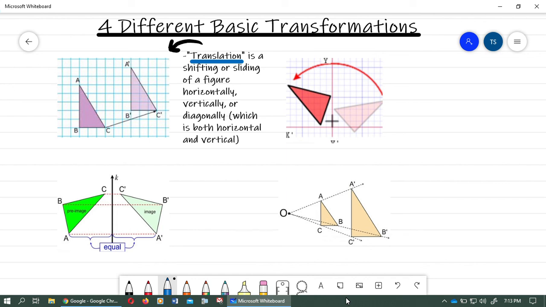We're talking about this picture with the red triangle. That's a rotation. It's a spinning or a turning about a fixed point, or around a fixed point. And guys, that spinning or turning is usually in one of two directions, either counterclockwise or clockwise.